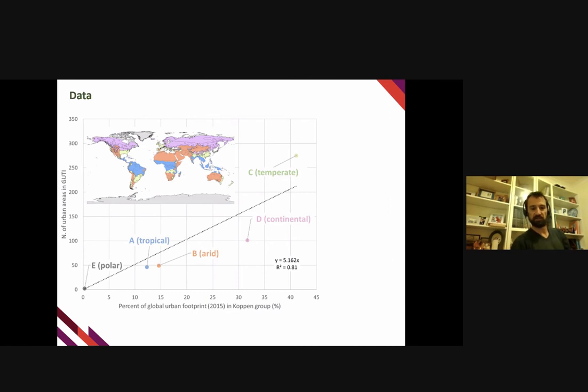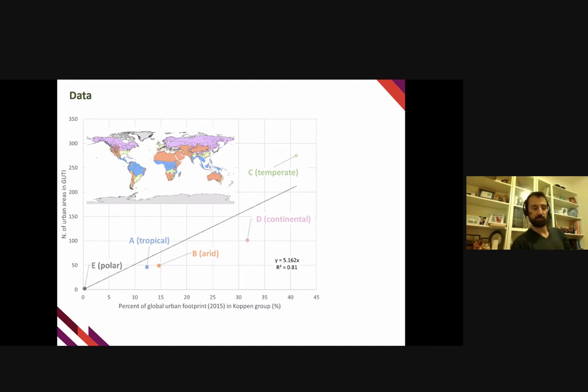And as you can see, the number of urban areas in GUTI in different Köppen groups are essentially balanced based on the amount of global area that is contained within each of these climate Köppen groups, as you can see here.